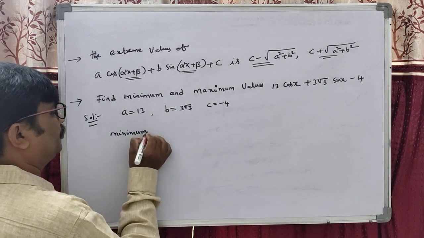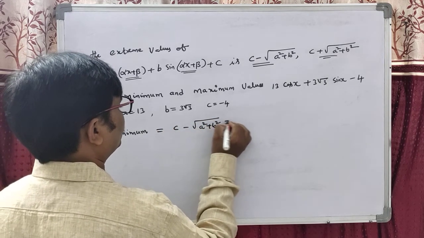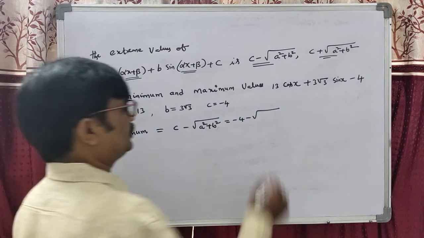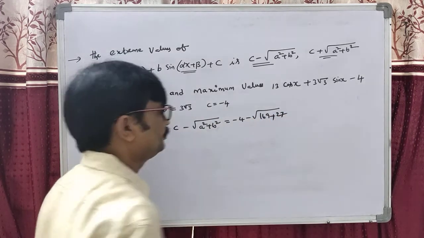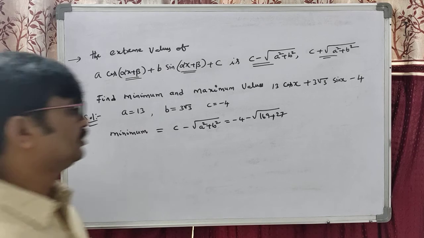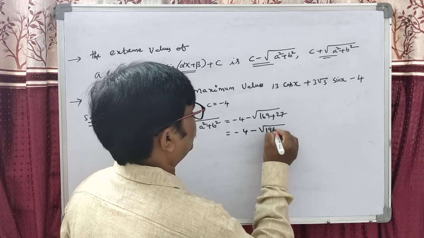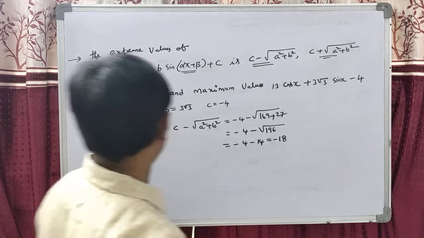The minimum value is c − √(a² + b²), that is −4 − √(169 + 27), since 9 times 3 is 27. So this is −4 − √196, that is −4 − 14, which is −18.